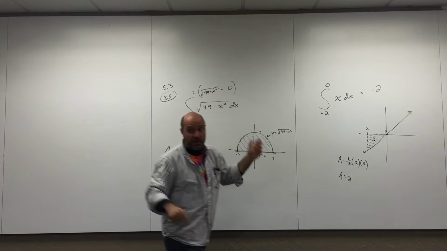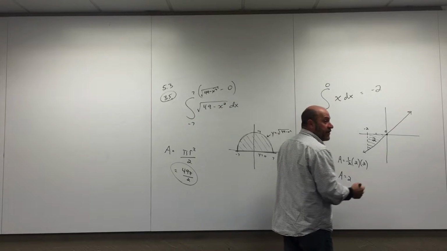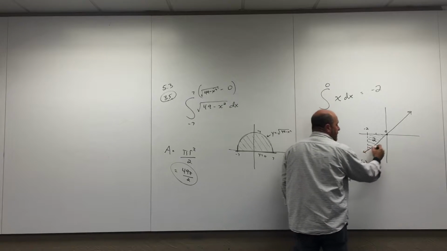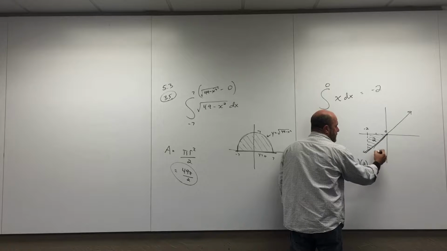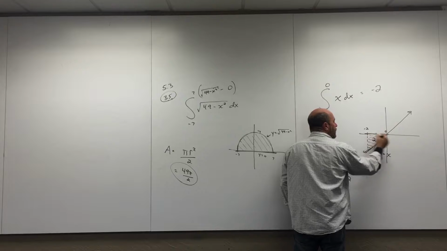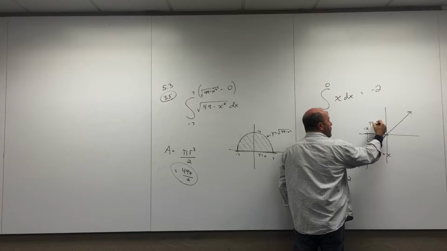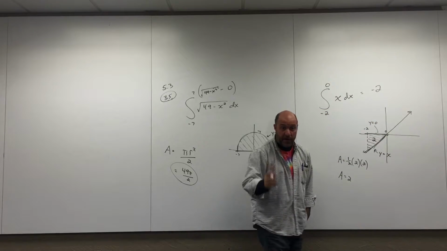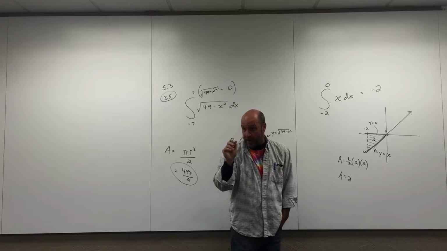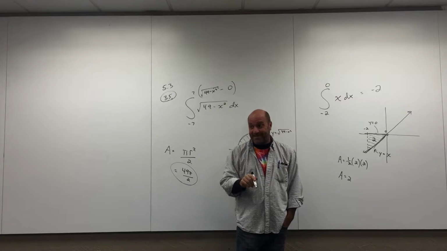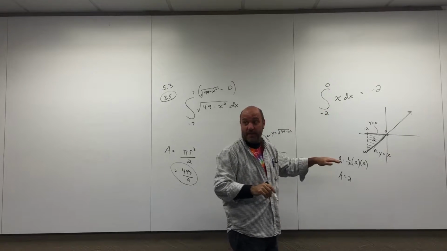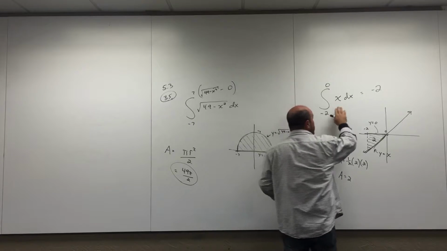But watch how that works over here. See, here's the idea. If it's the area between two curves, what's the name of this curve right here? y equals x. What's the name of this curve right here? That's y equals 0. Now, if I want my integral to be area, I would set up top curve minus bottom curve. And so I would set this up differently than this.